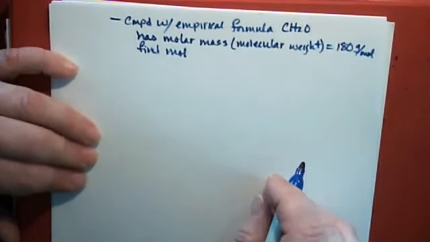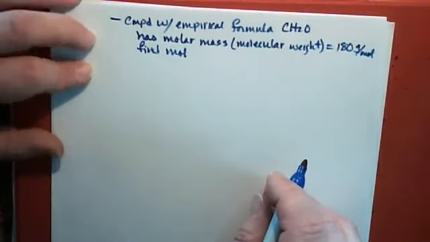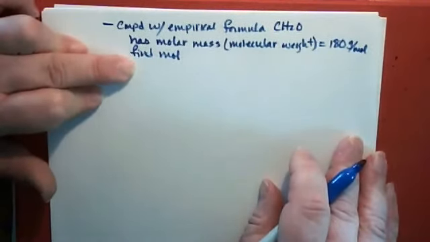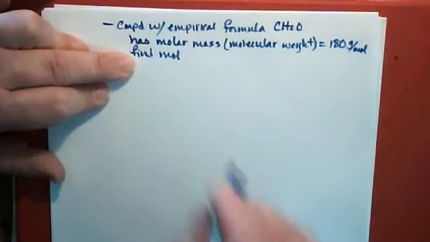If that compound has a molar mass, which is also known, remember, as molecular weight, of 180 grams per mole, what is the molecular formula?